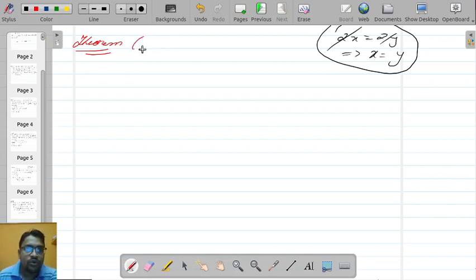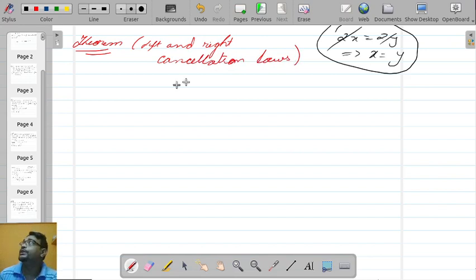Left cancellation law, right cancellation law. So left and right cancellation laws hold in a group. The proof is very simple.